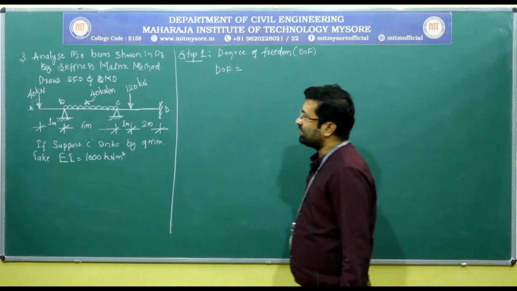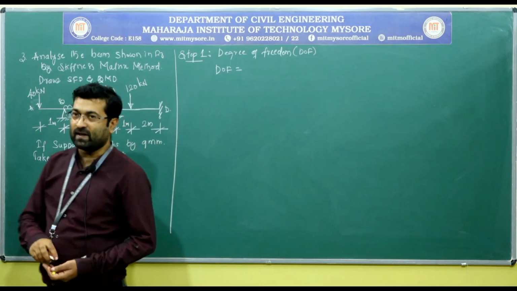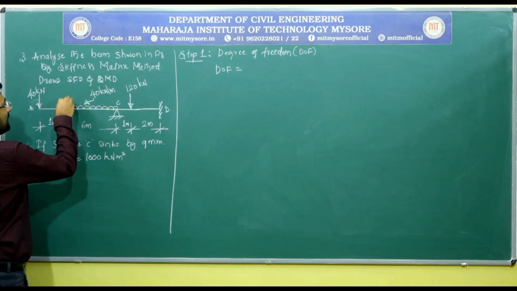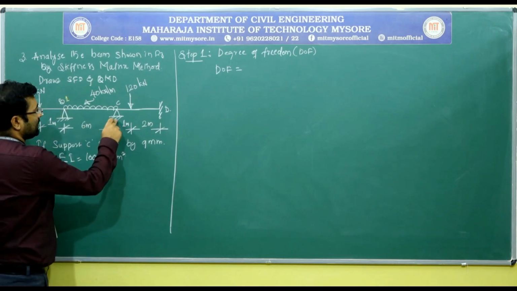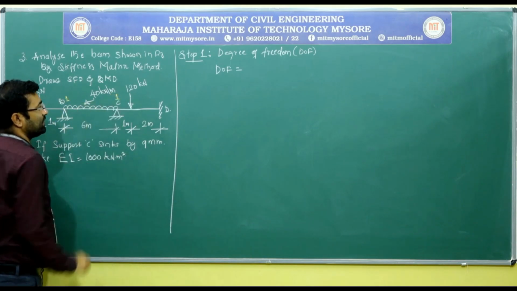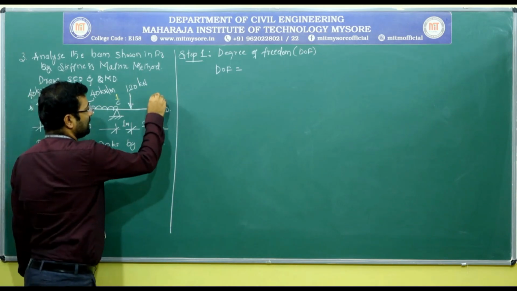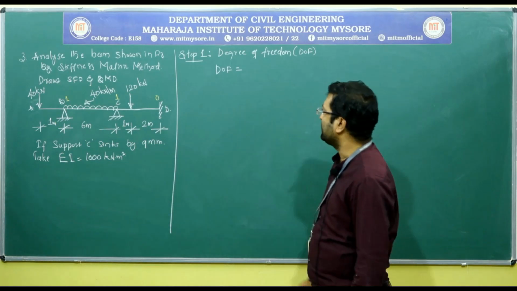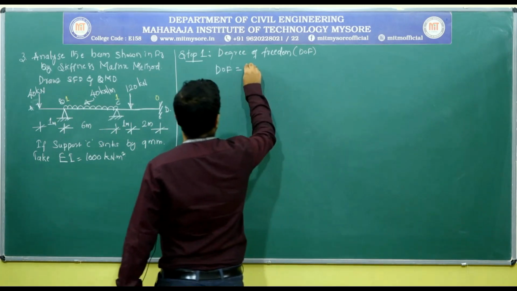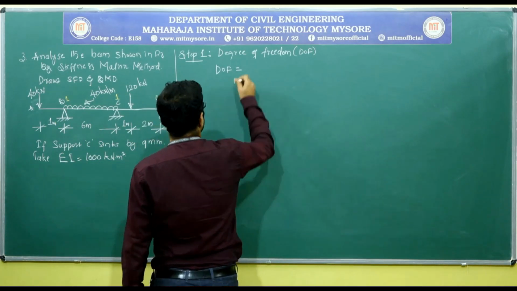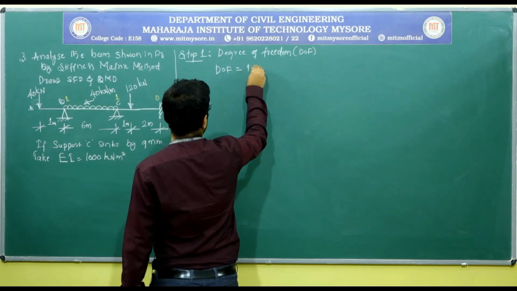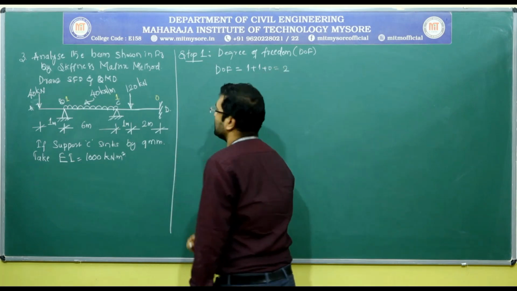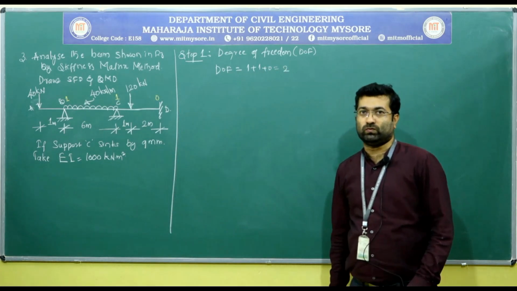Through the usual inspection we can say at B, as it is a hinge, we have 1 degree of freedom, and at C we have 1 degree of freedom, whereas at D, as it is fixed, we do not have any degree of freedom. So it is 1 plus 1 plus 0, that is the degree of freedom is 2, right.